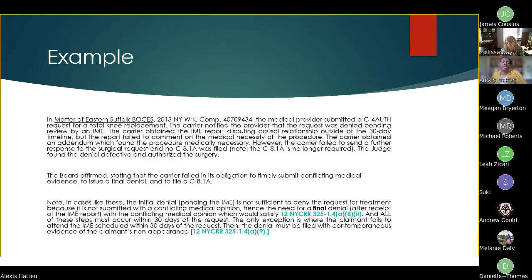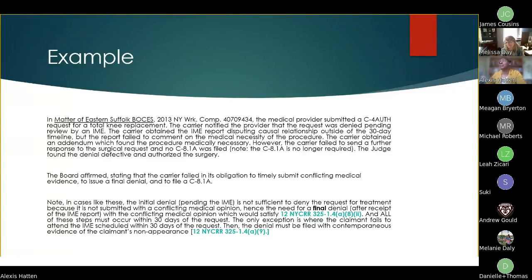And the board said the carrier failed in its obligation to timely submit conflicting medical evidence and to issue a final denial and to file the C.1A. You don't have to worry about the C.1A's anymore, but you still got to issue that final denial. So the big note in cases like these, the initial denial pending the IME is not sufficient to deny the request for treatment because it's not submitted with a conflicting medical opinion.